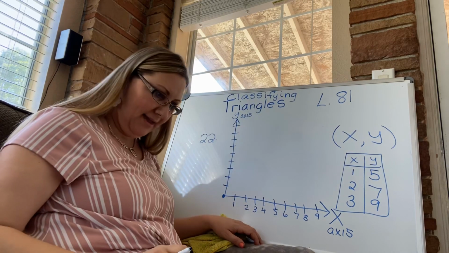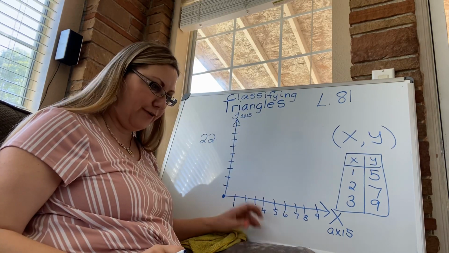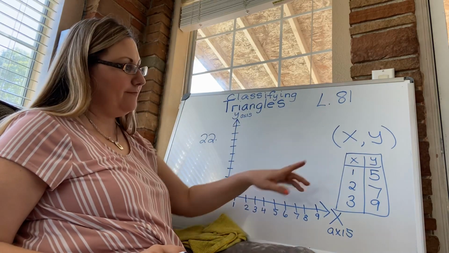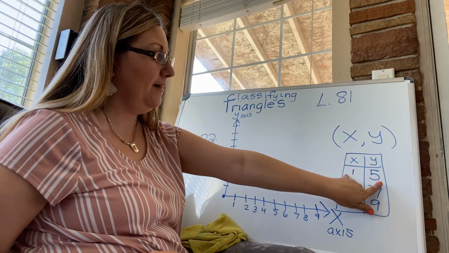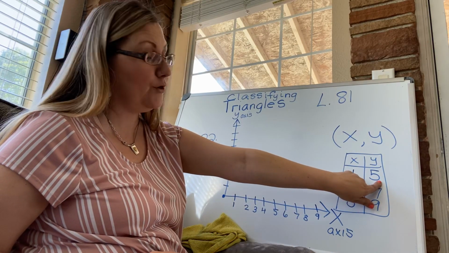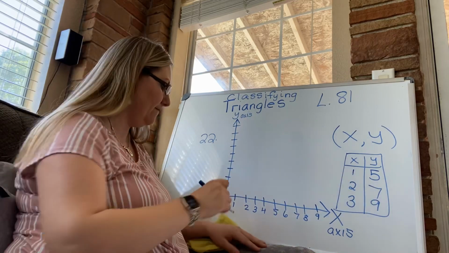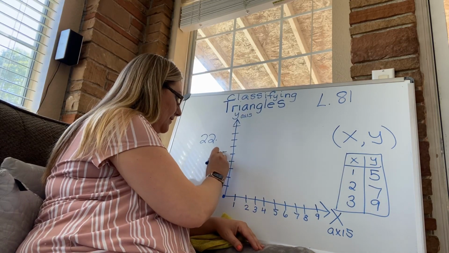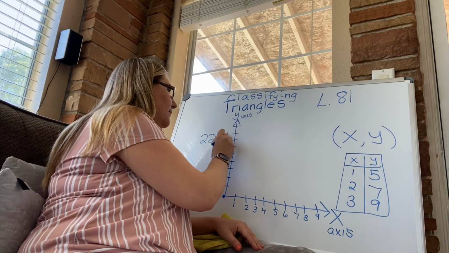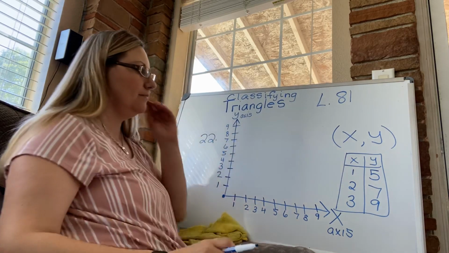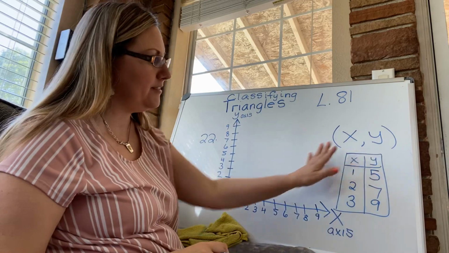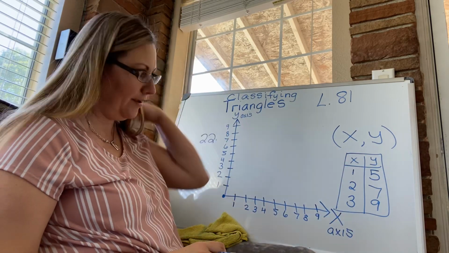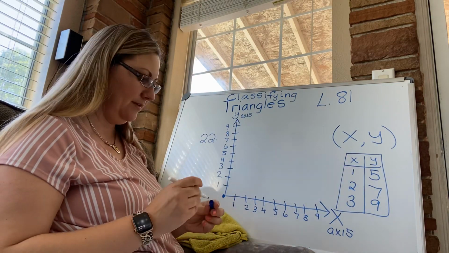Okay. And we are going to graph our first point. Our first ordered pair or coordinate pair is 1, 5. Oh, I almost forgot to number these, sorry. Okay, you can see that all the numbers that we are graphing to are there, so that should be perfect.